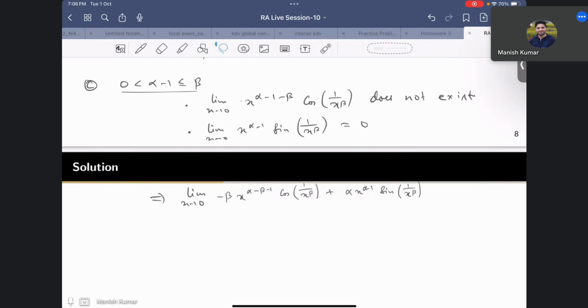So this does not exist, okay? So the derivative cannot be continuous.